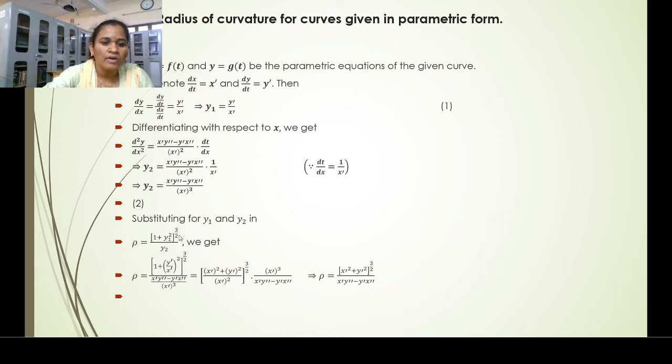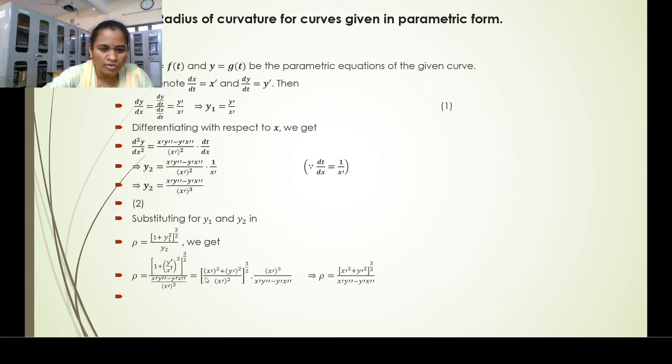1 plus y1 square to the power of 3 by 2 divided by y2. Substituting y1 and y2, the radius of curvature rho is equal to 1 plus y1, what is y1? y prime by x prime whole square, to the power of 3 by 2, divided by y2, the second order differentiation.